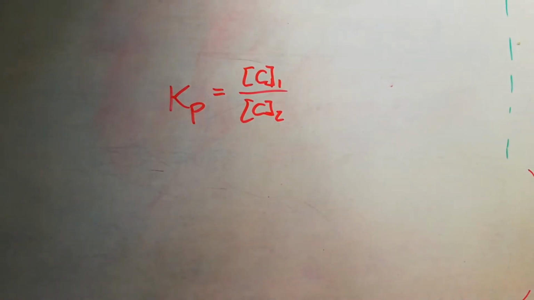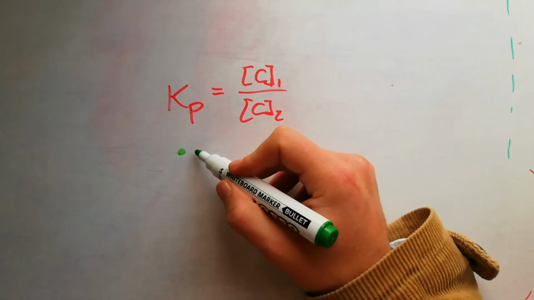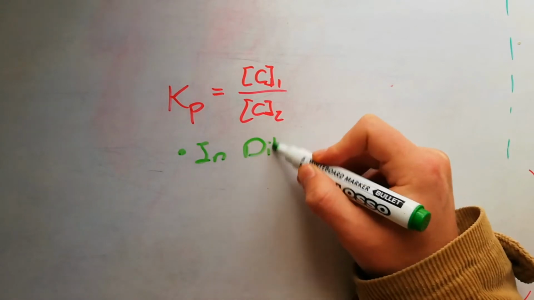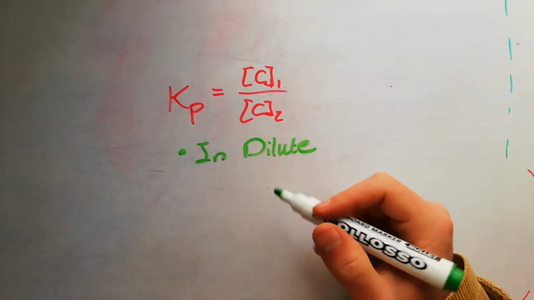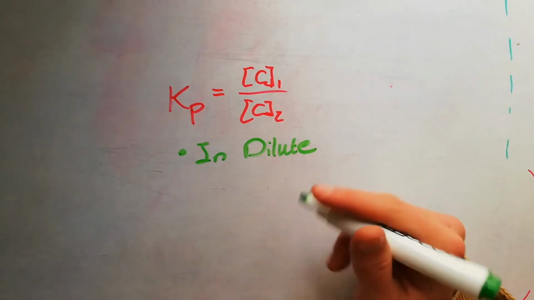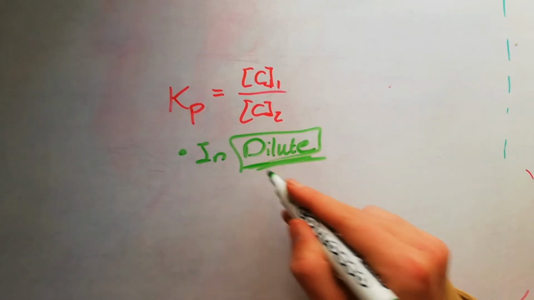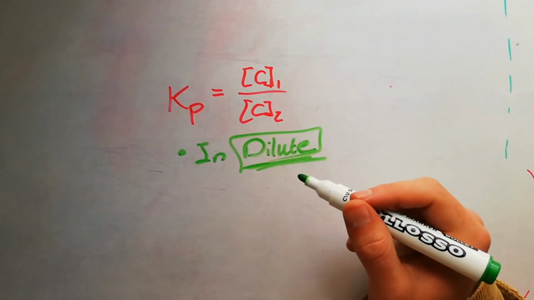It is important to note that this is only a possible approximation in dilute systems, because when it gets concentrated, this theory starts to fail and we actually need the activities, since activities play a much bigger role in concentrated systems. However, in dilute systems, this is totally fine. We can use the concentration, and we love using the concentration.